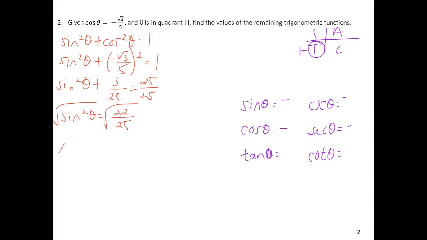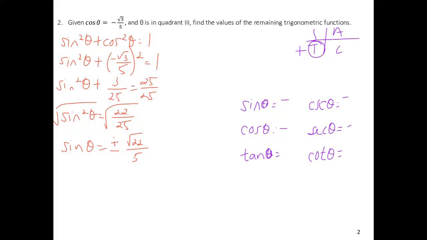So sine of theta is going to equal positive or negative. Again, we already discussed that in this case, sine is going to be negative here, but I'll put it in there just to remind you. 22 does not reduce under the radical, so root 22 over square root of 25, we're back down to a 5.